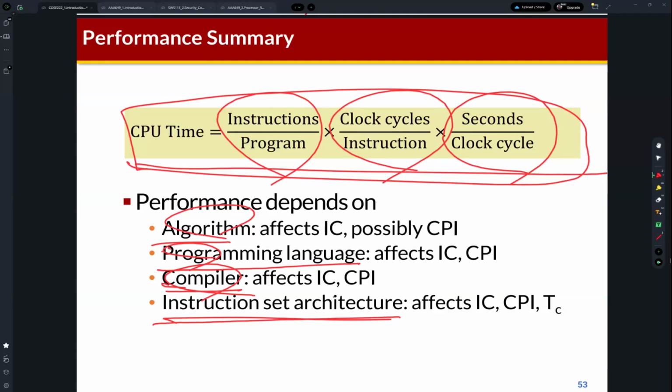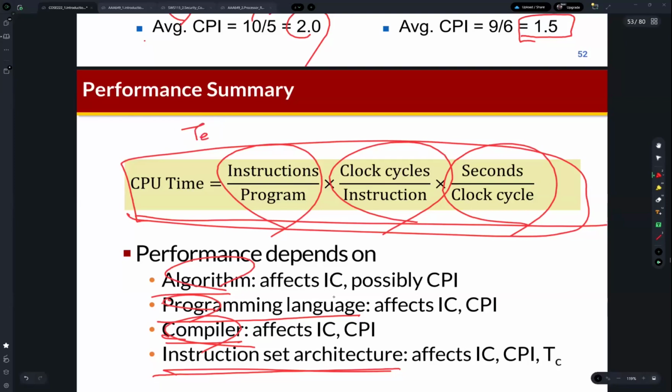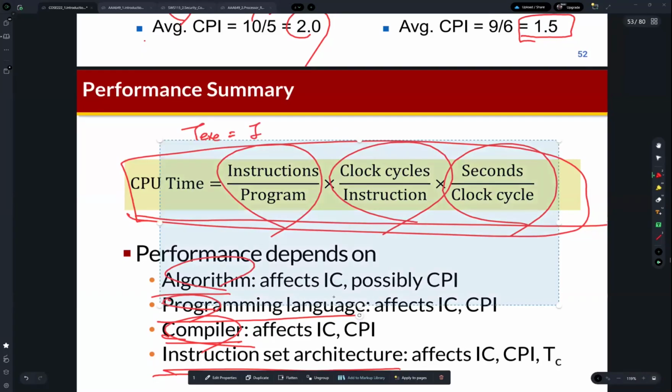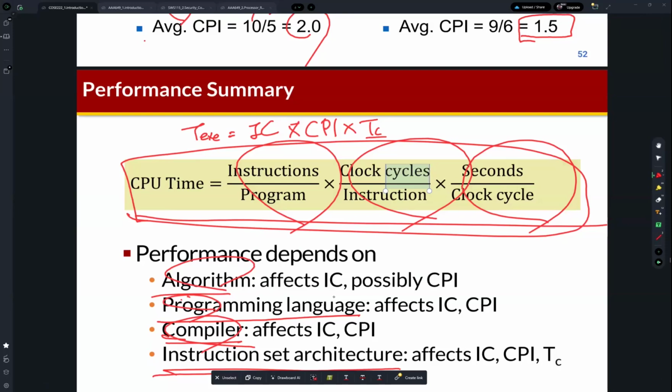You can memorize it like this: the execution time is the instruction count, IC, multiplied by CPI, clocks per instruction, multiplied by PC, the clock period. You can memorize this equation of IC multiplied by CPI multiplied by the clock period.